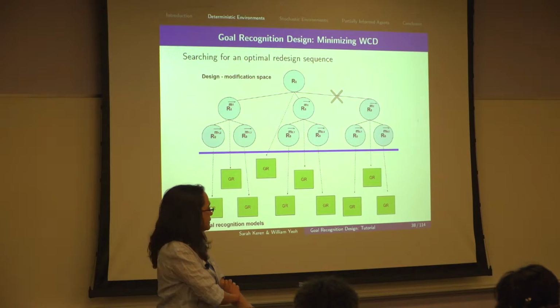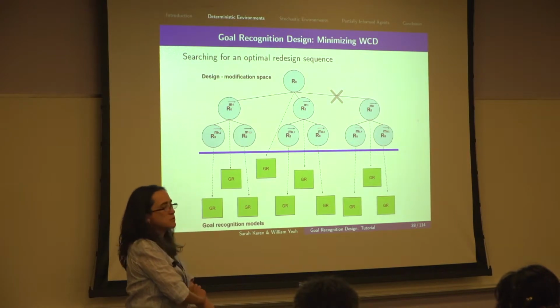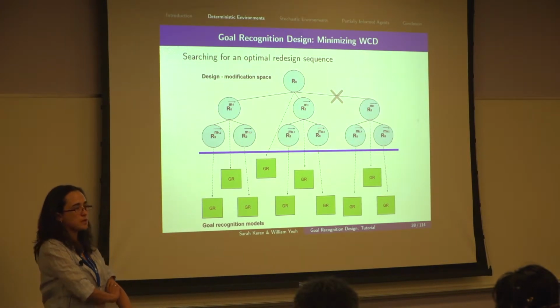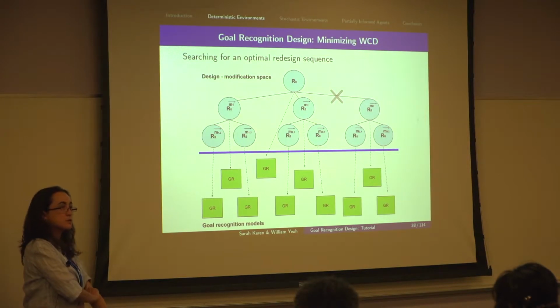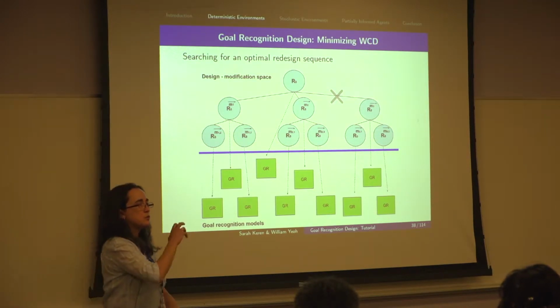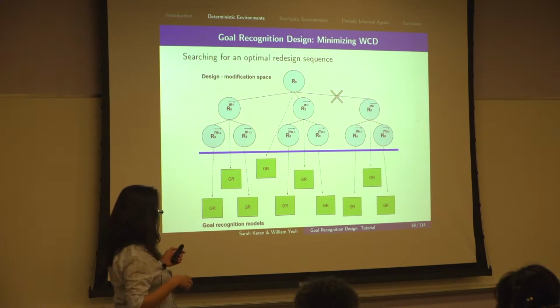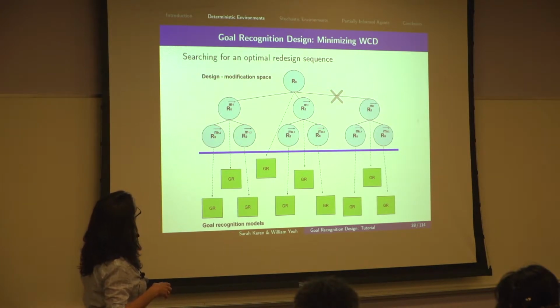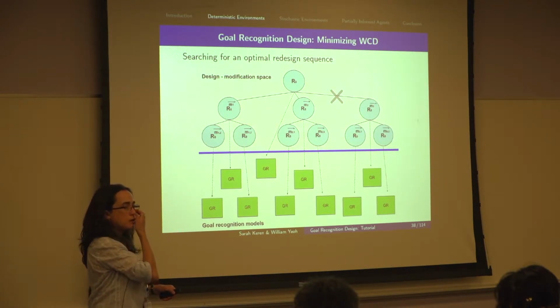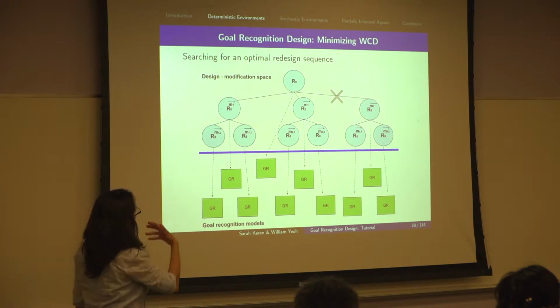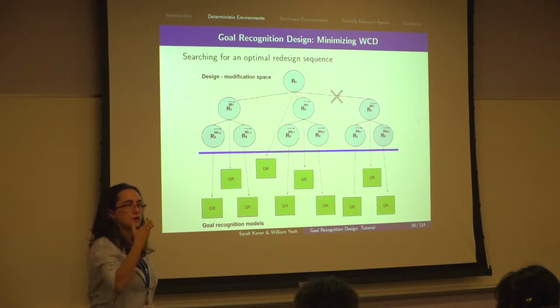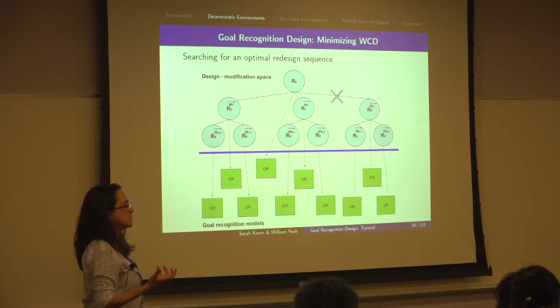An effective way for us to think about it was to think about this as a search in the space of modifications. So we are doing design, and we want to understand each node, which is the search space, what we have above the blue line. Each node in our search represents an environment, a change that we could introduce to the environment.